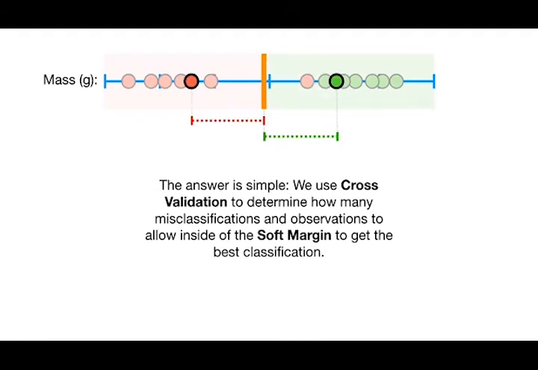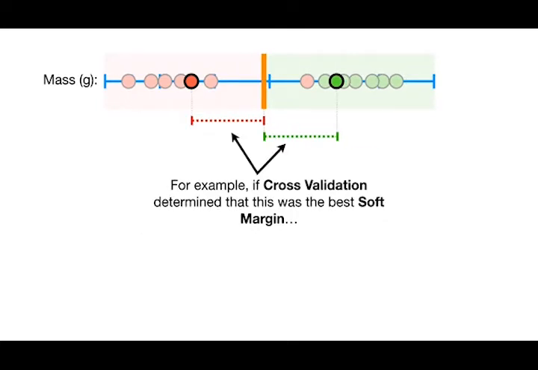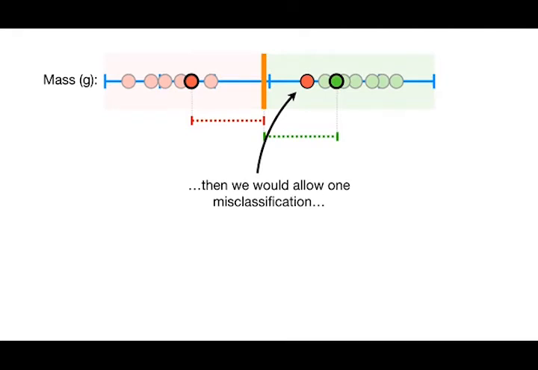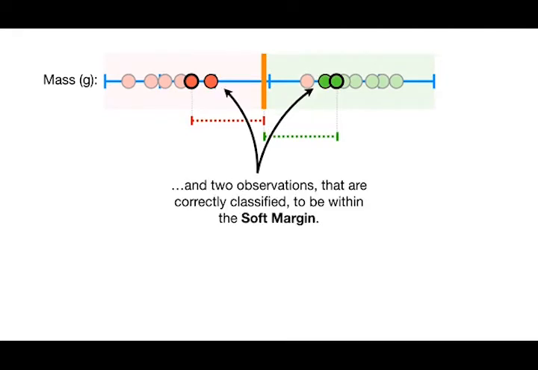We use cross-validation to determine how many misclassifications and observations to allow inside of the soft margin to get the best classification. For example, if cross-validation determined that this was the best soft margin, then we would allow one misclassification and two observations that are correctly classified to be within the soft margin.